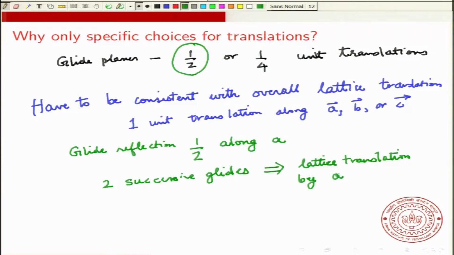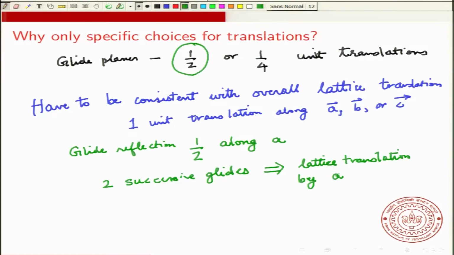Remember that glide reflection corresponds to a reflection in a mirror and a translation along some direction. In this case we took the example of the A direction, and its translation by half unit.